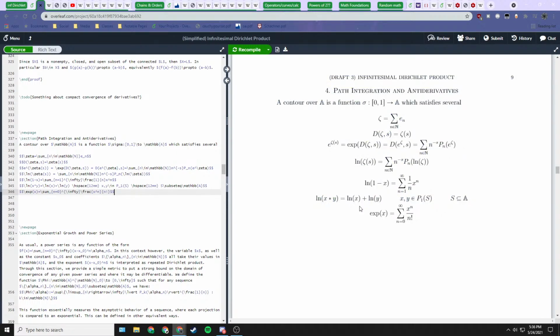Using this definition and the same technique we did up here, so long as you have this in some small set, you get it in the whole set. You can do the same thing here for exponential, to say exp of x plus y is just exp of x times exp of y.